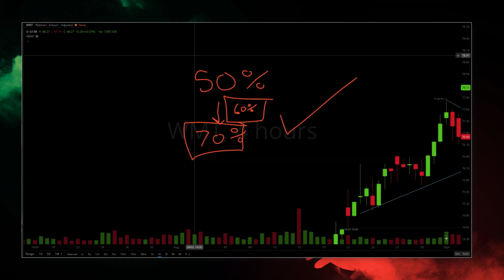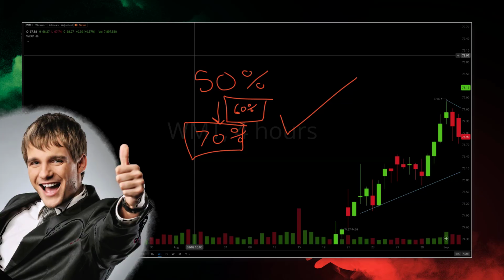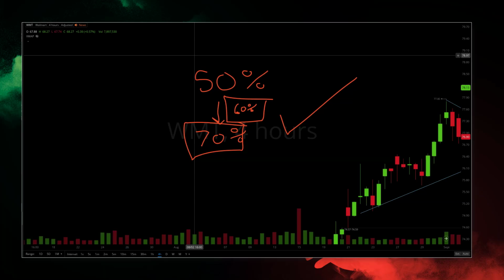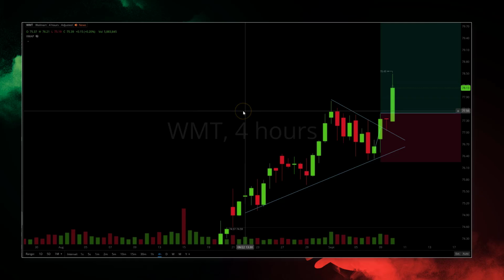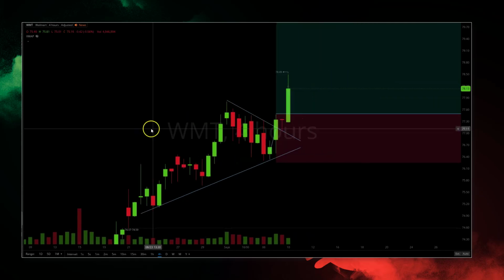Obviously the answer is yes. So the higher the probability pattern, the more likely it is going to go your way, and that's what's happening on some of these signals.